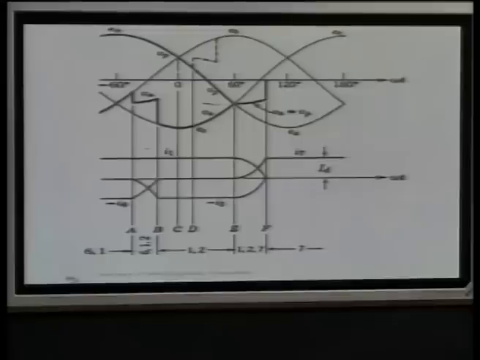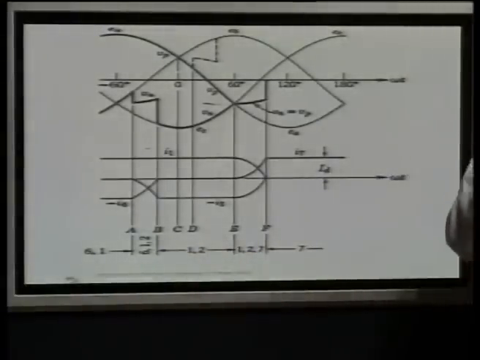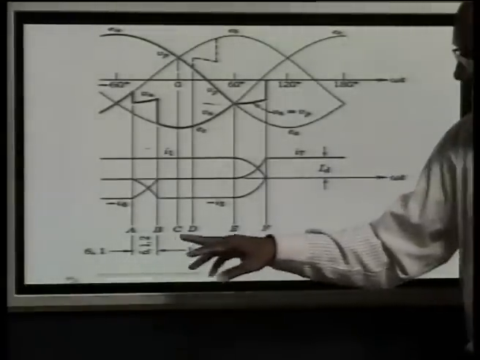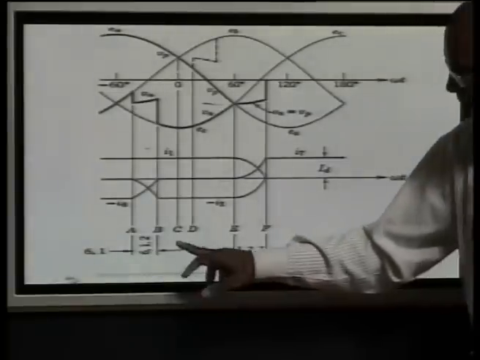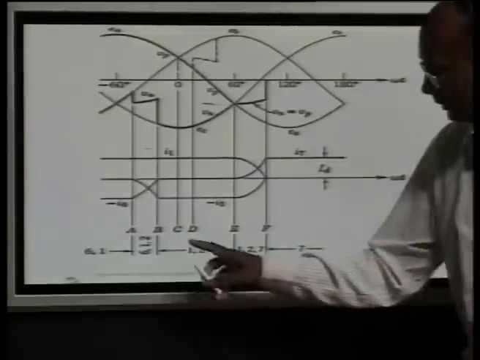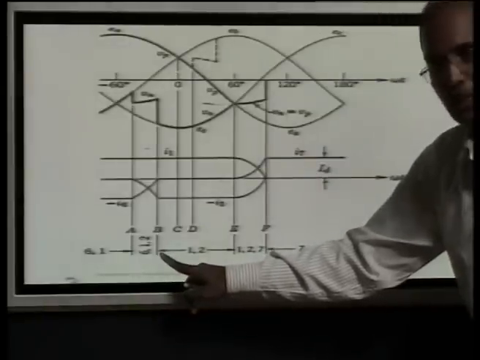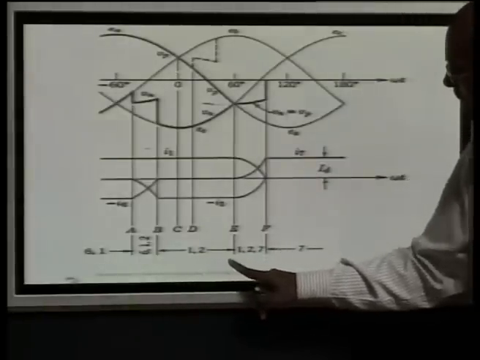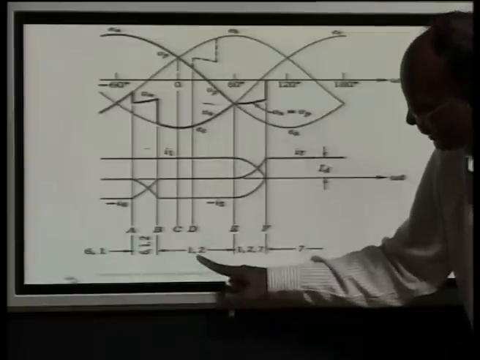Here I say that 6 1 is conducting, the pair of valves 6 1 from here. Now then 2 is fired, and now it is conducting here. You can see this is a rectifier we are talking about now. This is 2 fired here. Now the possibility that we can give the command to 3 at this point.